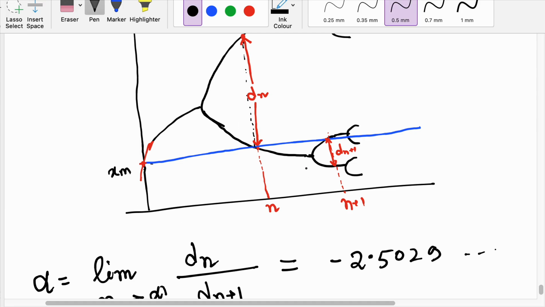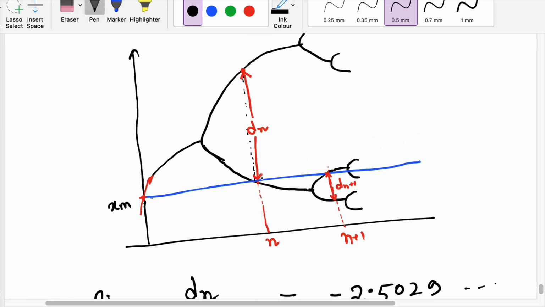Why the negative sign? Previously you see that the other point of the orbit was above the x_m point, but here it is below the x_m point. That is why it is negative.